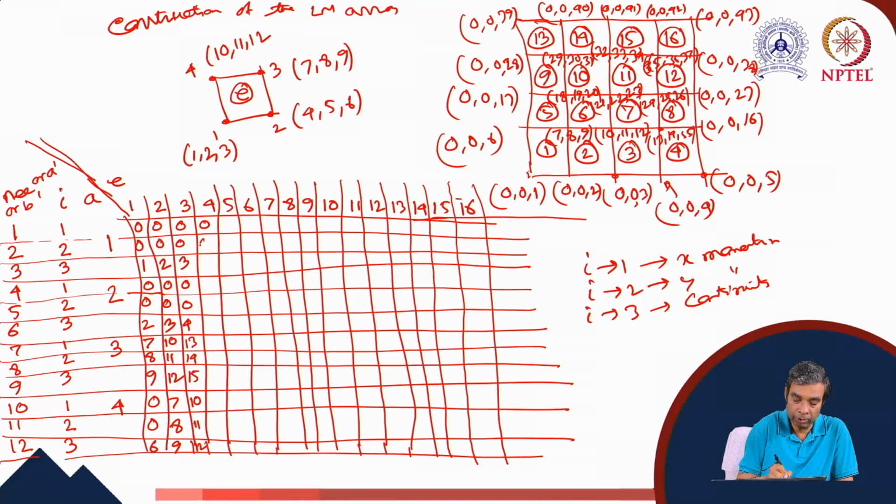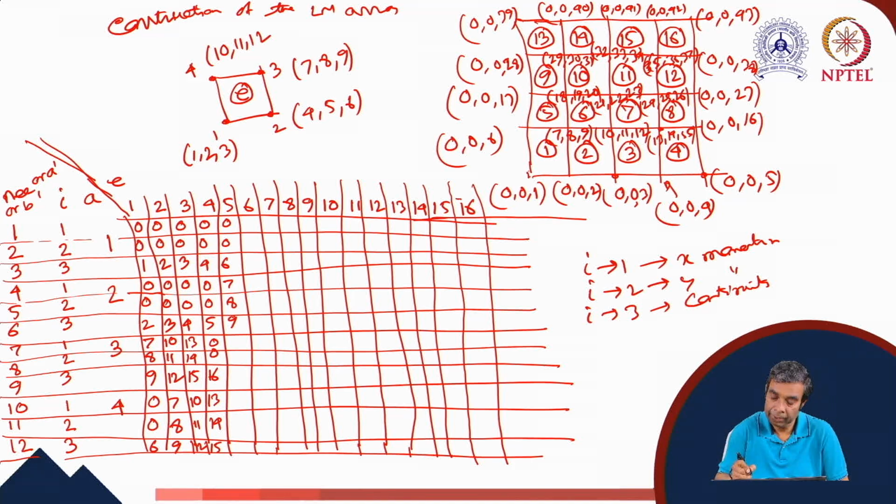It is 0, 0, 4, 0, 0, 5, 0, 0, 16, 13, 14, 15. For the fifth element, it is 0, 0, 6, the first node. Then it is 7, 8, 9. Then it is 18, 19, 20, 0, 0, 17.